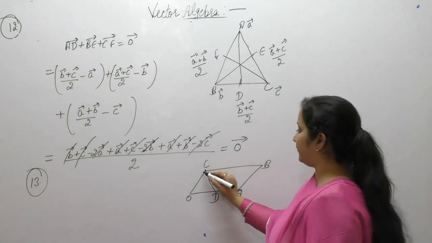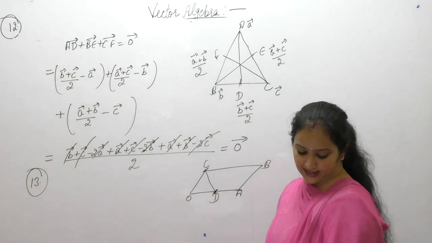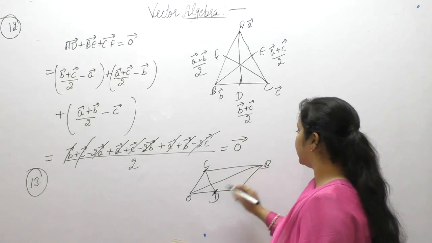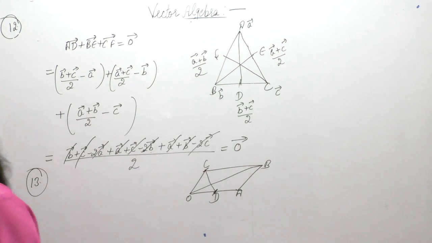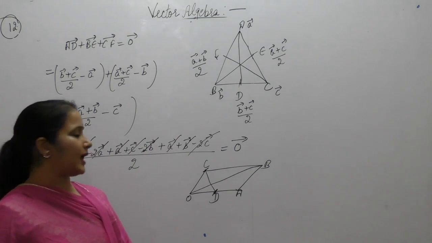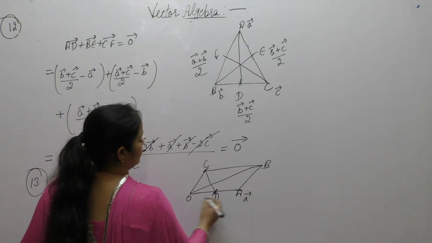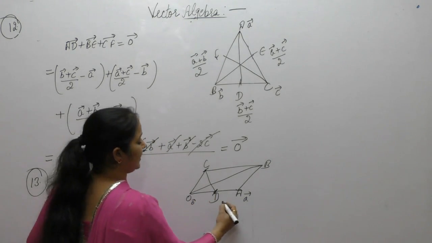Line joining the vertex of parallelogram to the midpoint of an opposite side trisects the diagonal. Let OABC be the parallelogram. O is point of origin, D is the midpoint.